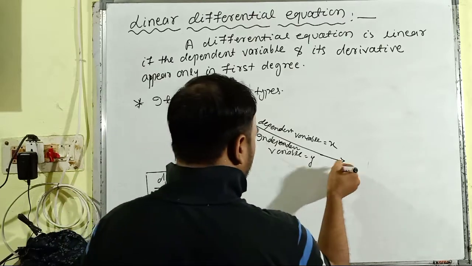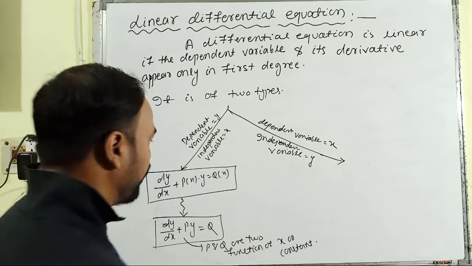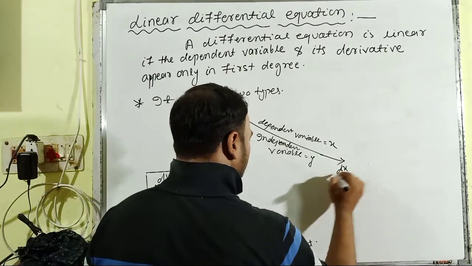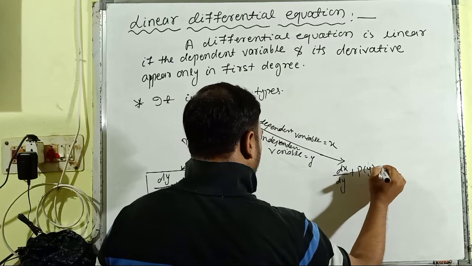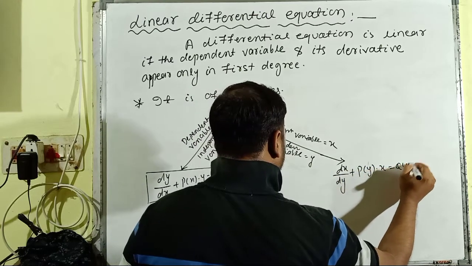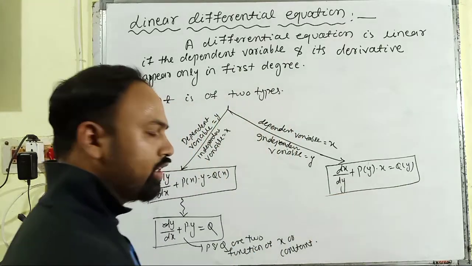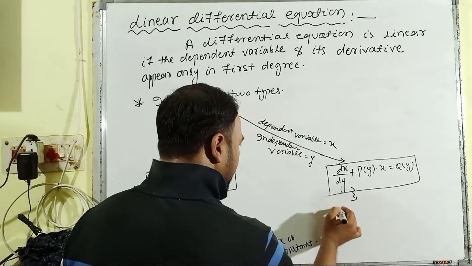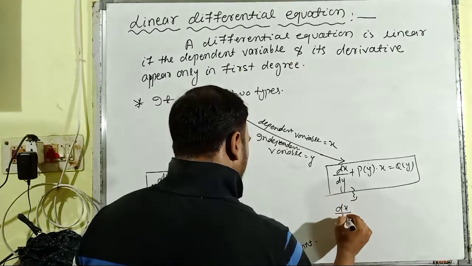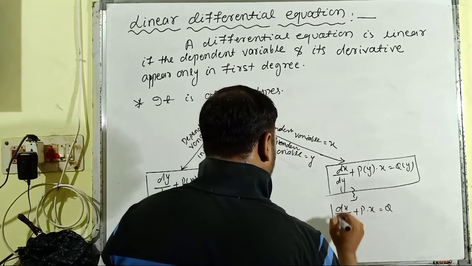Then we can write the linear differential equation as dx upon dy plus p of y into x is equal to q of y, because here the dependent variable is x and the independent variable is y, or simply dx upon dy plus px is equal to q.